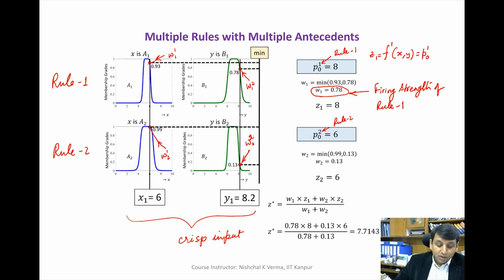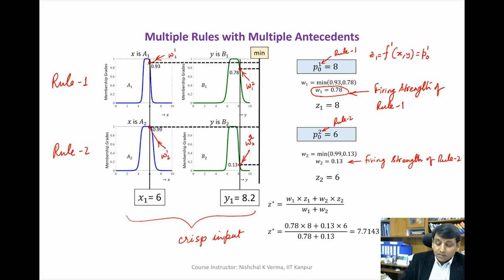Both of these values are 0.99 and 0.13, and when we take min of the two, we get the firing strength of rule number 2, which is W2 equal to 0.13.